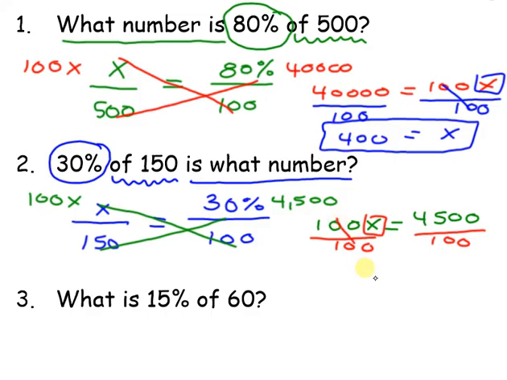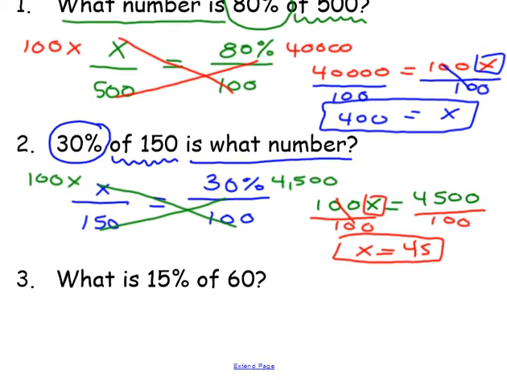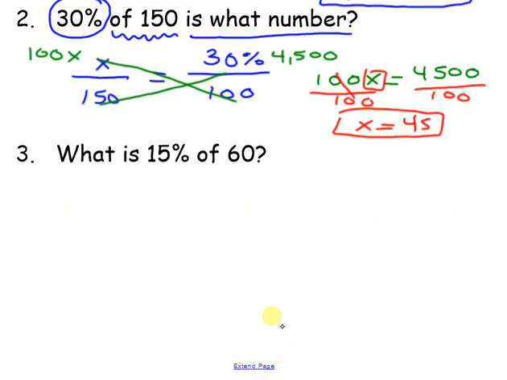These guys will cancel. You're left with x equals, and then 4,500 divided by 100 is going to give you 45. Again, think about it in terms of a test. If 45 questions are what you got right, out of a test of 150 questions, you have a 30% average. Not so good.